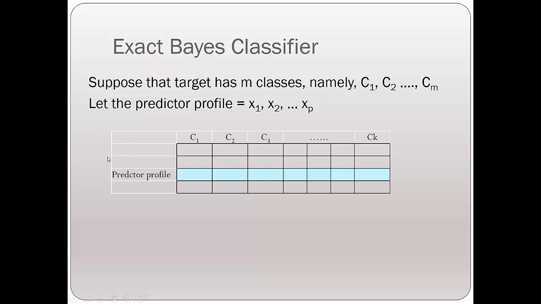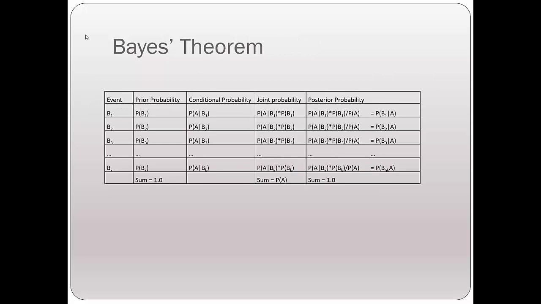So that will be your conditional probability. So in our Bayes theorem table, we have C's here, classes, and we have the prior probabilities from the data. And within each group you count how many are in this group, and of that how many are predictor profile A, and you get a proportion. That's your conditional probability.